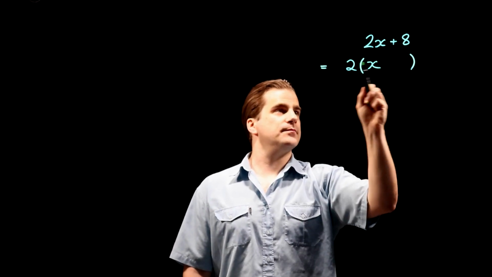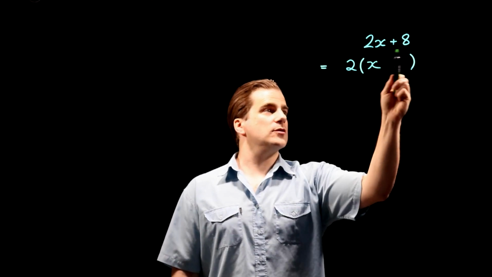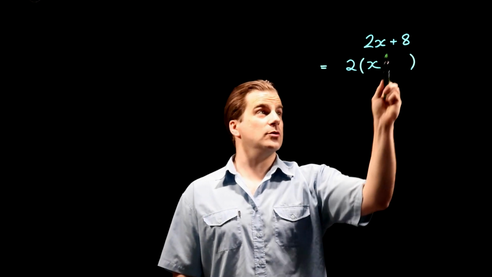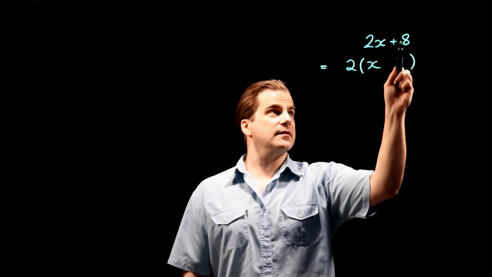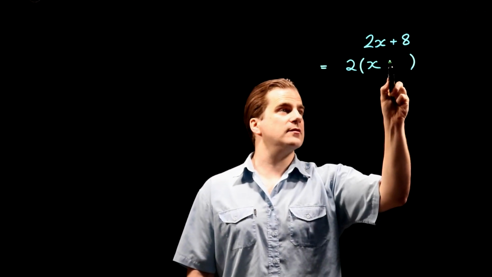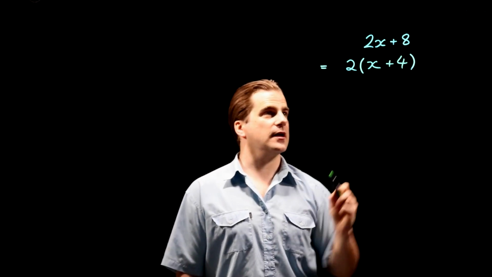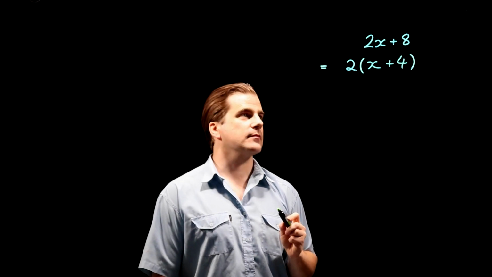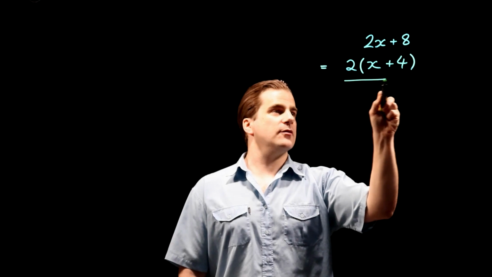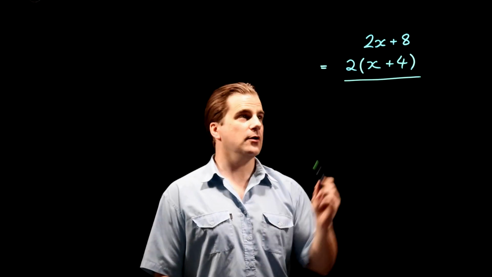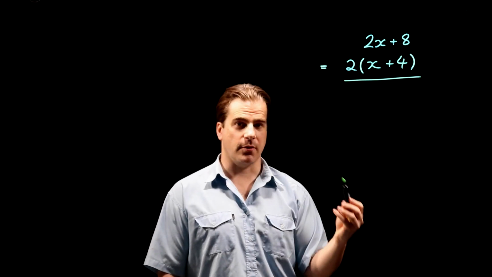Same thing here. You ask yourself, what do I have to multiply 2 by in order to get that? 2 times what is 8? 2 times 4 is 8. And we've finished. That's how you factorise. Follow those steps and you won't go wrong.